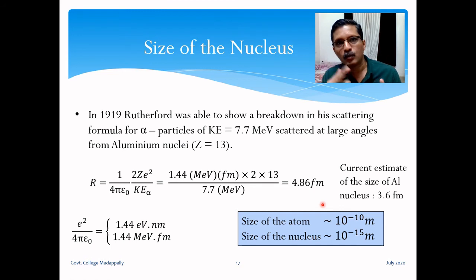So if nucleus is of the order of 1 centimeter, atom should be of the order of 10 raised to 5 centimeter. Let us convert it into meter. It is 10 raised to 3 meter. 10 raised to 3 meter means 1000 meter, which means 1 kilometer, right? So if nucleus has a radius of 1 centimeter, then the atom as a whole should be an entity with a radius of 1 kilometer.